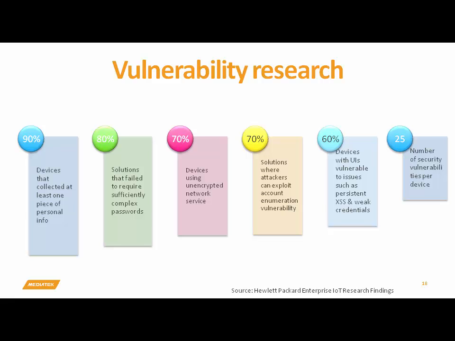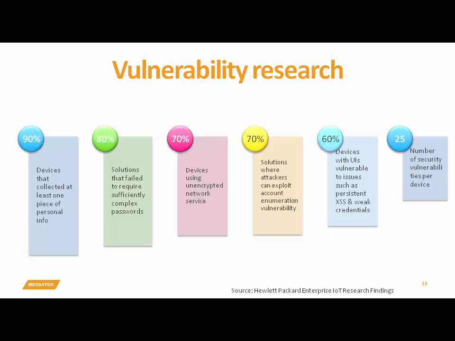There's been some research on this, and in a lot of the IoT solutions, we find that, say, 90% of devices collect at least one part of personal information, whether that's your location or your name or something like that. But over 90% of devices collect at least one. 70% of devices transmit data over an unencrypted network service.